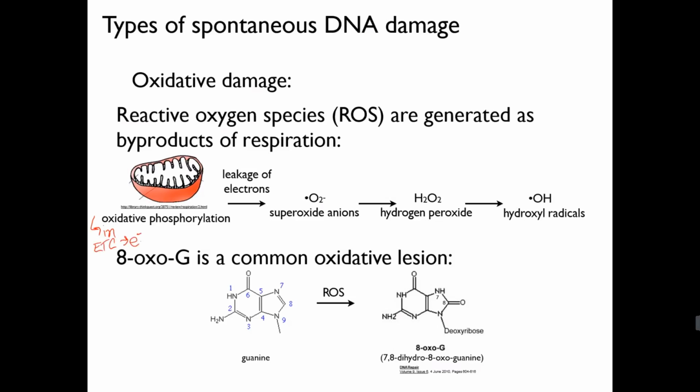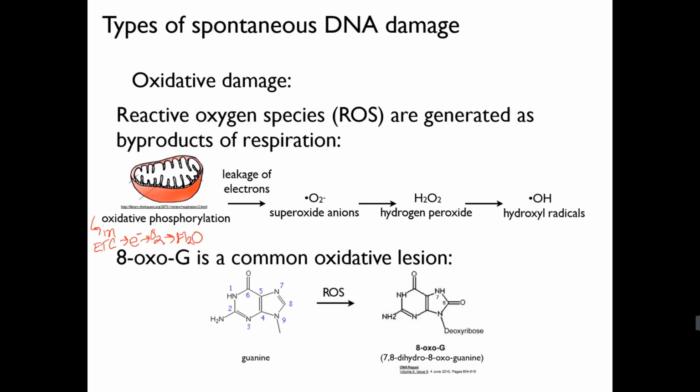And what happens to these electrons once they get down to the end of the electron transport chain? They're passed to oxygen, right? And then we produce water, so they go on to the water.